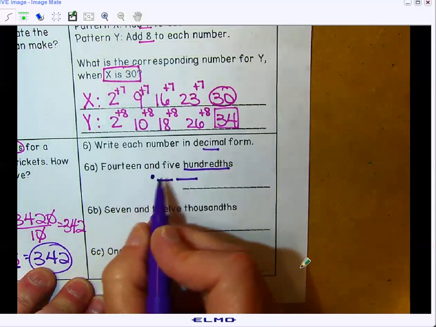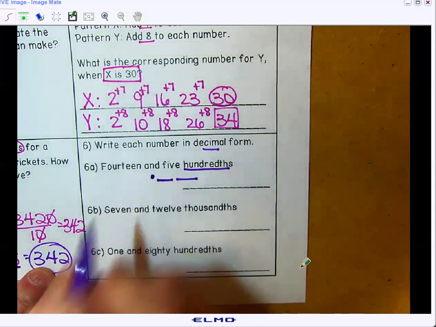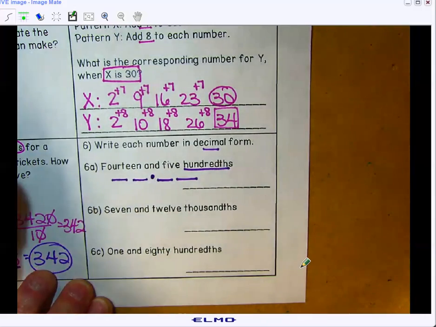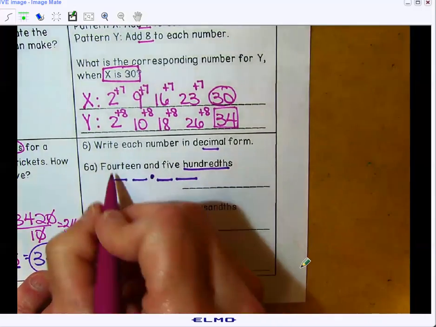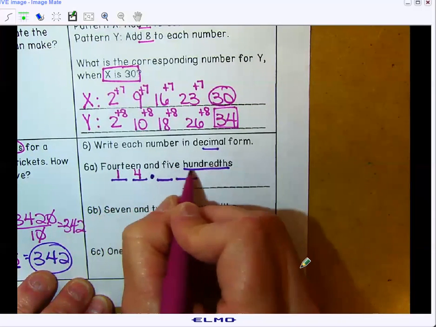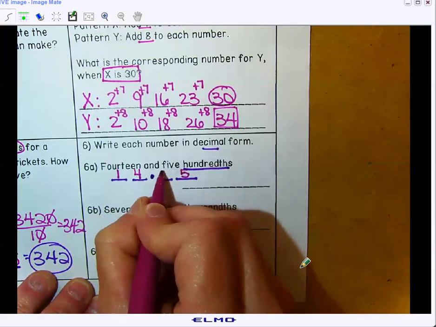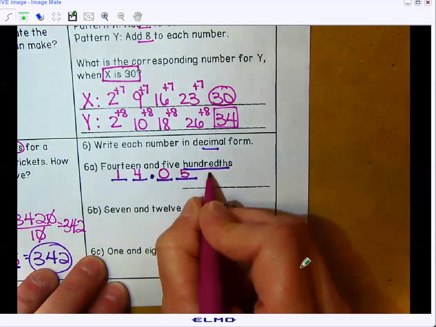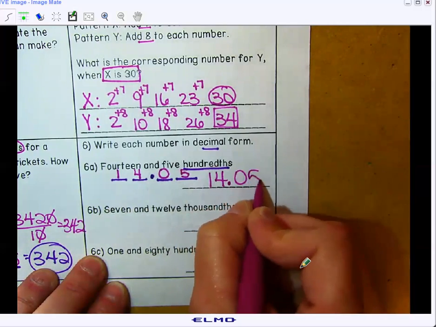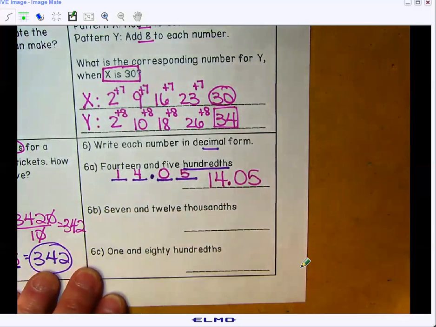So I'm going to draw those two blanks. And this is 14. I know it's a double digit, so I have to go out to the tens place. And then I just fill in the values. So this is 14 and 5 hundredths. We want the 5 in the hundredths, so that means this value is 0. So we have 14 and 5 hundredths is written as 14.05.